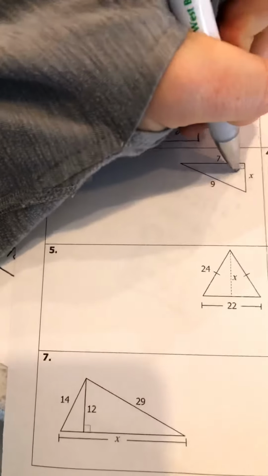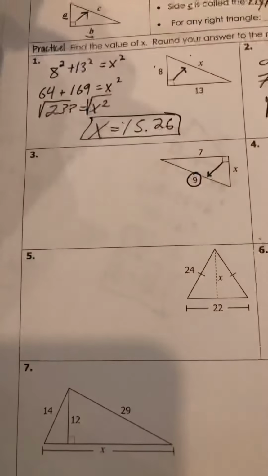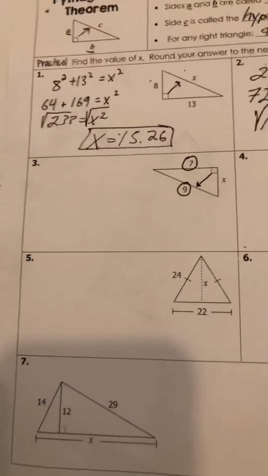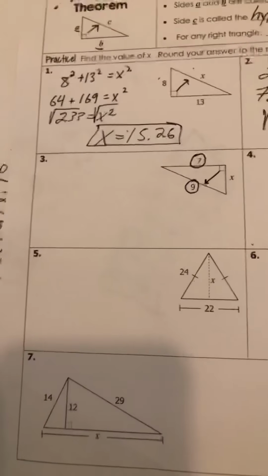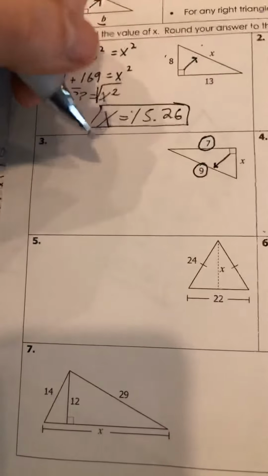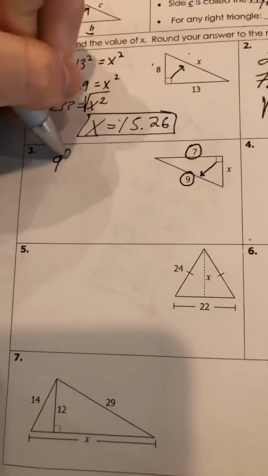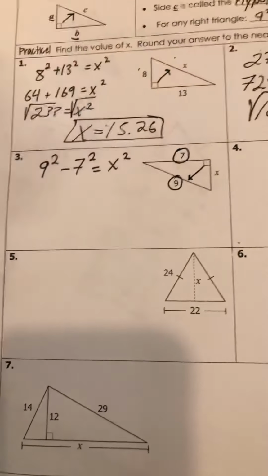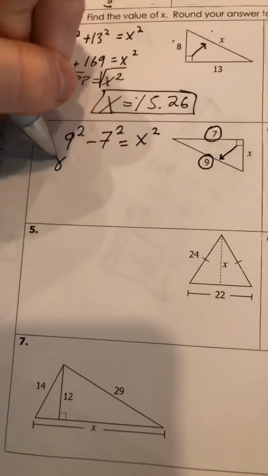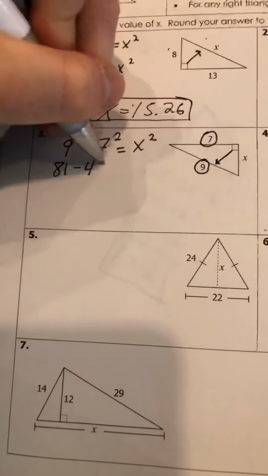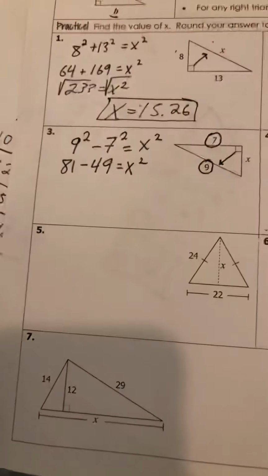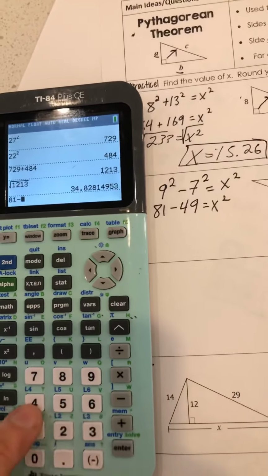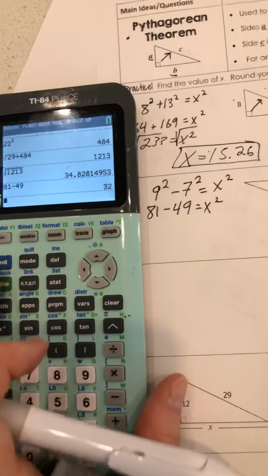So let's see, my hypotenuse is right here. So we have the hypotenuse and we have another side. We're looking for a little side. So when we're trying to find a side that's not the hypotenuse, we're going to subtract the squares. So 9 squared minus 7 squared is going to equal our x squared. 9 squared is 81, 7 squared is 49. 81 take away 49 equals 32.